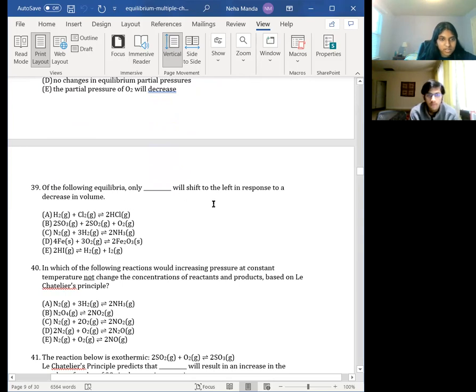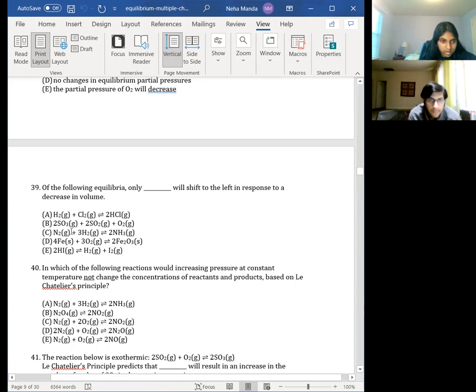Which will shift to the left in response to a decrease in volume? Less volume, more pressure. So we're trying to see which one will shift to the left. So the left has to have fewer moles, because more pressure means we want to go to fewer moles. Here there's 2 on the left, 2 on the right, so that's equal.